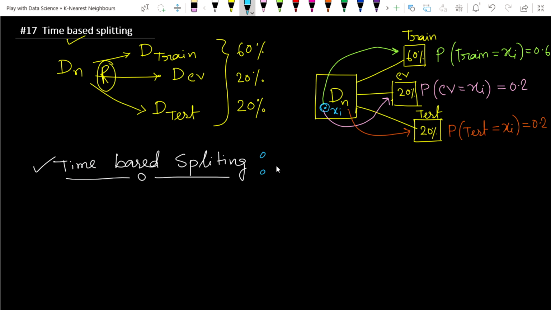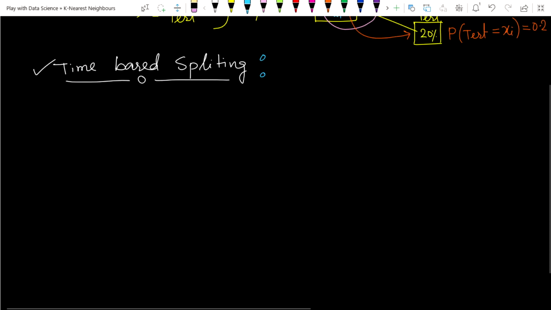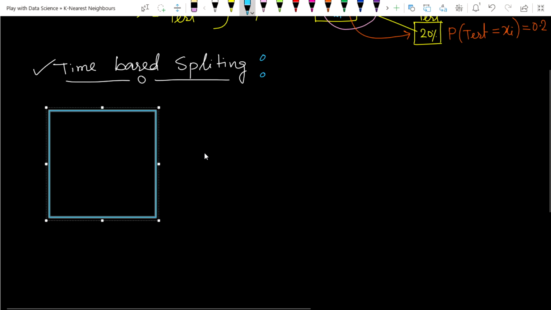So suppose we have a data set in which we have a timestamp. Suppose we have a data set like that. We have seen this kind of data set previously.